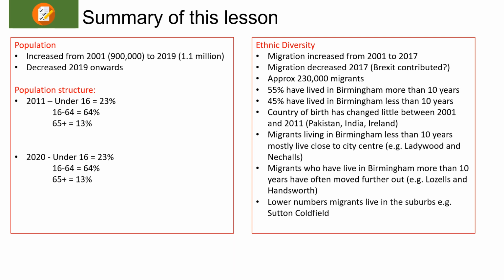Migrants living in Birmingham less than 10 years mostly live close to the city centre, in the inner city in places such as Ladywood and Nechells. Migrants who have lived in Birmingham more than 10 years have moved further out to places such as Lozells and Handsworth. Lower number of migrants live in the suburbs such as Sutton Coldfield, but those that do are more likely to be established migrants.